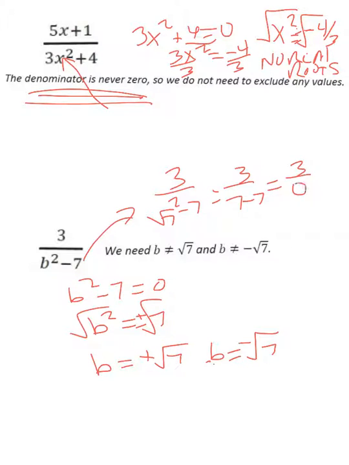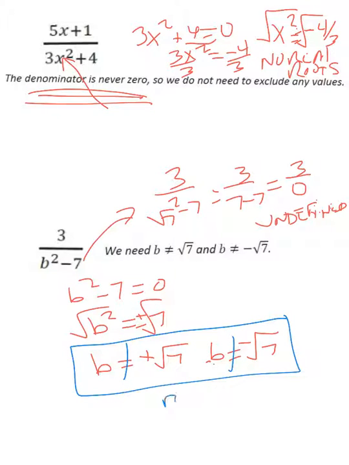So I would have 3 over 0, and that's undefined. So we can't have that. Okay, that's the bottom line here. So that's why they say, hey, b cannot equal this, and b cannot equal that. These are my restrictions.